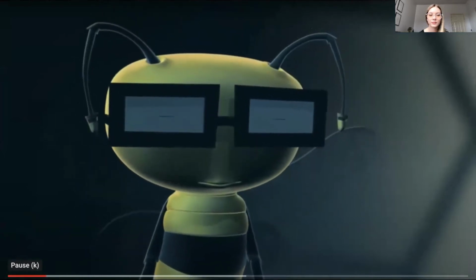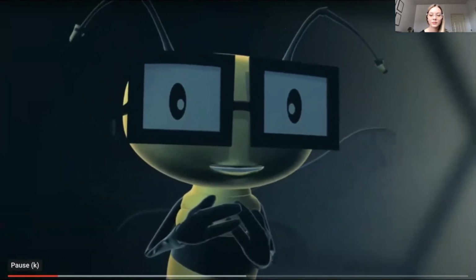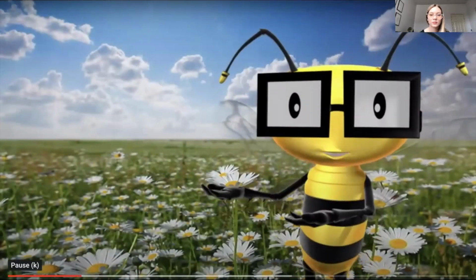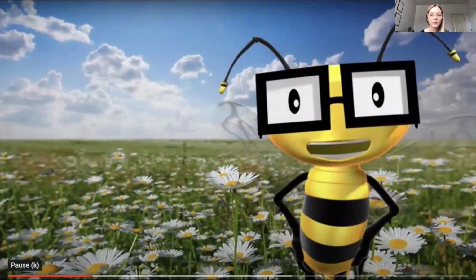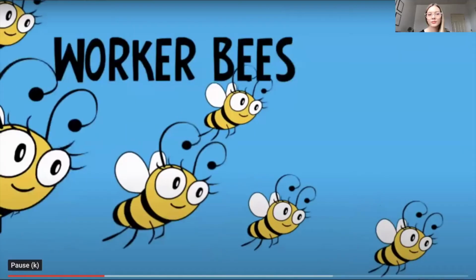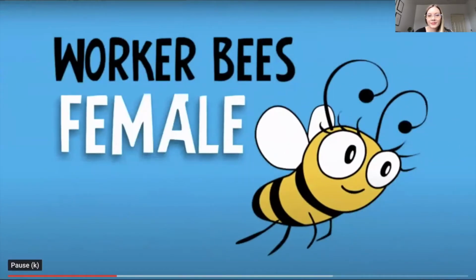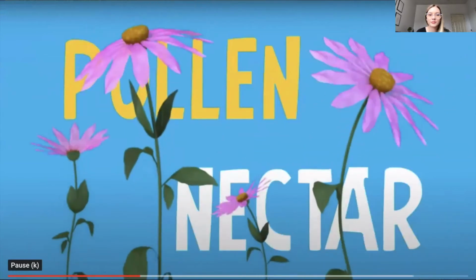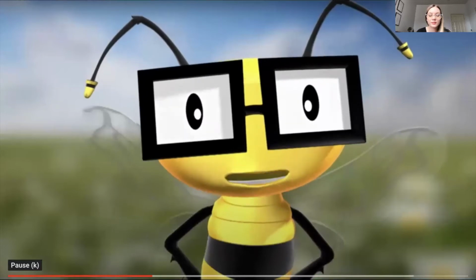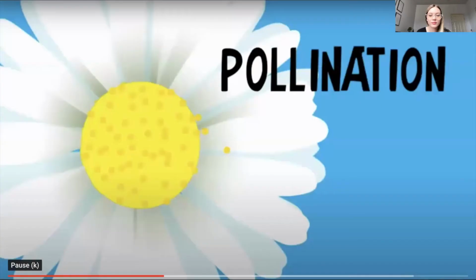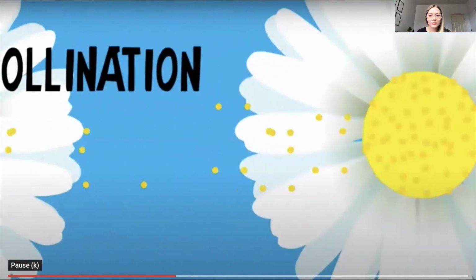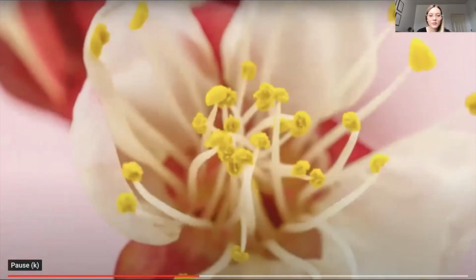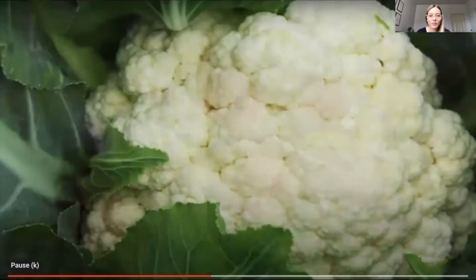Oh, you're getting an early start today. Oh, yeah. We bees get an early start every day. Those flowers need a lady's touch, and they're about to get it in the form of worker bees. Worker bees are female bees. Exactly. The worker bees are the ones who collect all the pollen and nectar. And that's how those flowers are able to reproduce. It's called pollination. Yep. Yes, that's right. Pollination is the process of transferring pollen from one flower to another. This causes fertilization, the thing that makes new flowers grow. Not just flowers, but plants, veggies, and fruit to be exact.